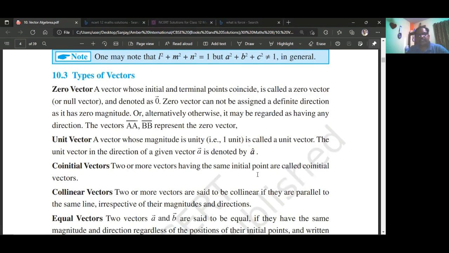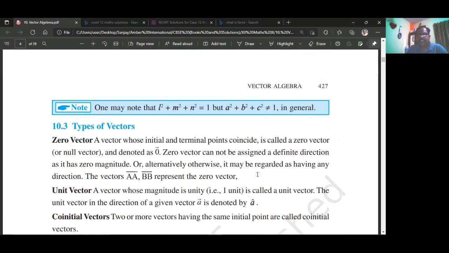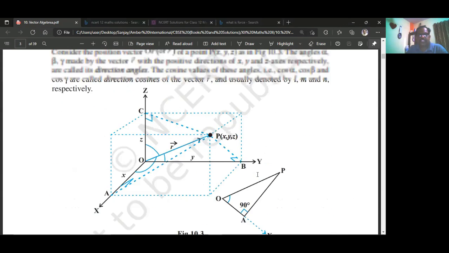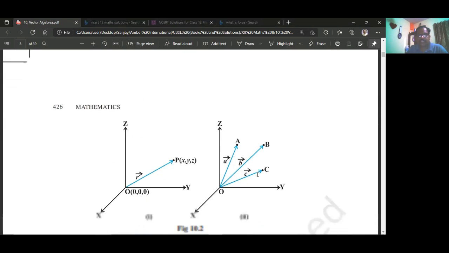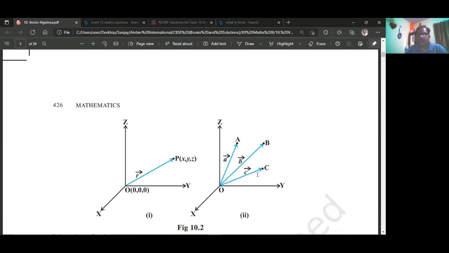What is the co-initial vector? The two vectors having the same initial point are known as the co-initial vectors. I hope it is clear. If you see the diagram given here, you can see OA, OB and OC, they are the co-initial vectors because their initial point is the same, right?